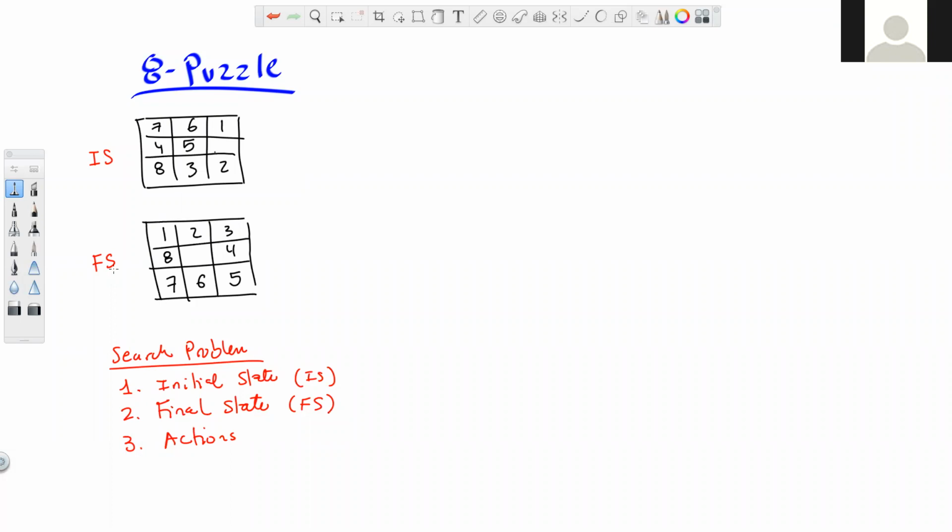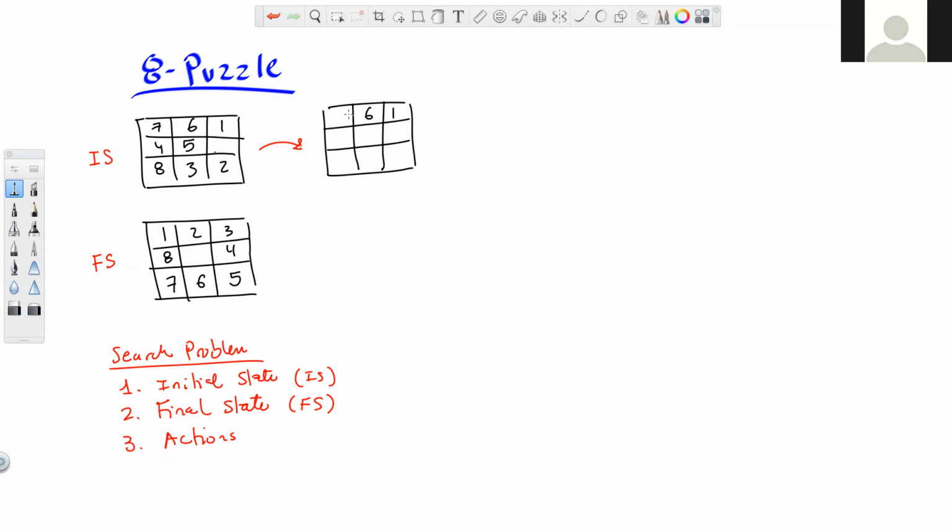So now what are the actions? The actions, you can think of them as the things that will allow you to transition from one state to another. So in this particular case, we talked about moving the 5 tile. One particular action will move you from this initial state to this particular one.